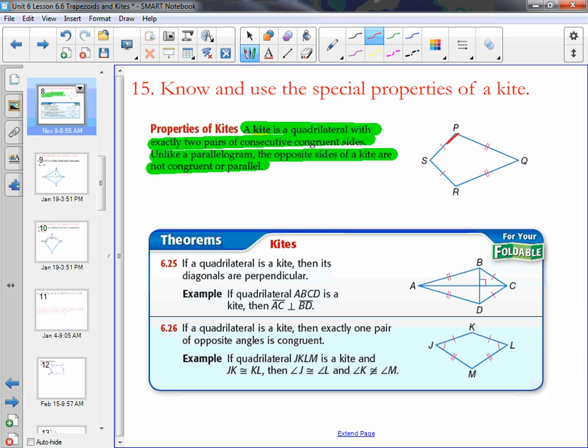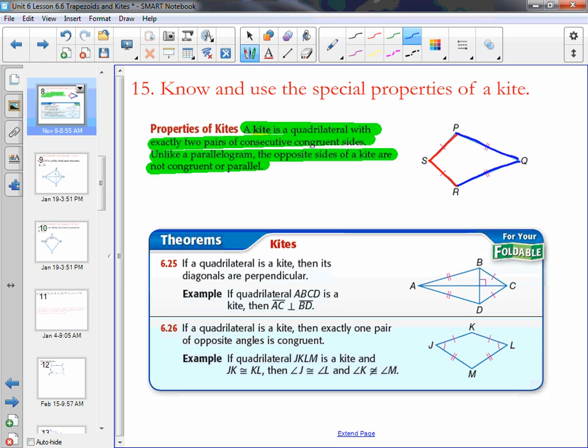So these two consecutive sides are congruent. So that's one pair of consecutive sides congruent. And then these two consecutive sides are congruent. And shockingly, it looks like a kite. Okay? So kites are strange creatures. They really are.